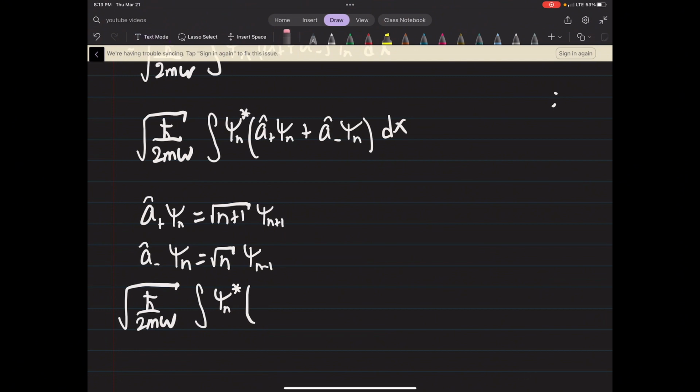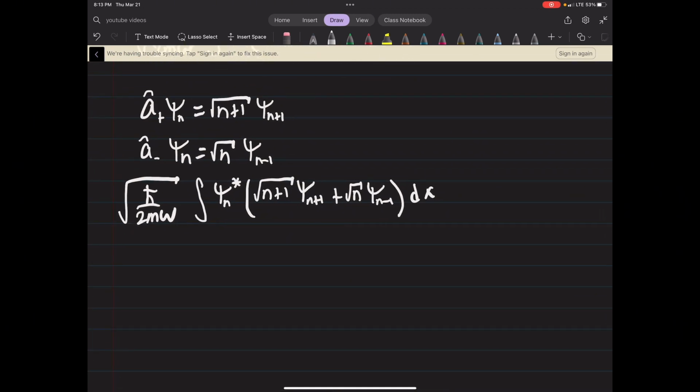That should just be n plus 1. The square root of n plus 1, psi n plus 1. Then we're going to get plus the square root of n times psi n minus 1 dx.